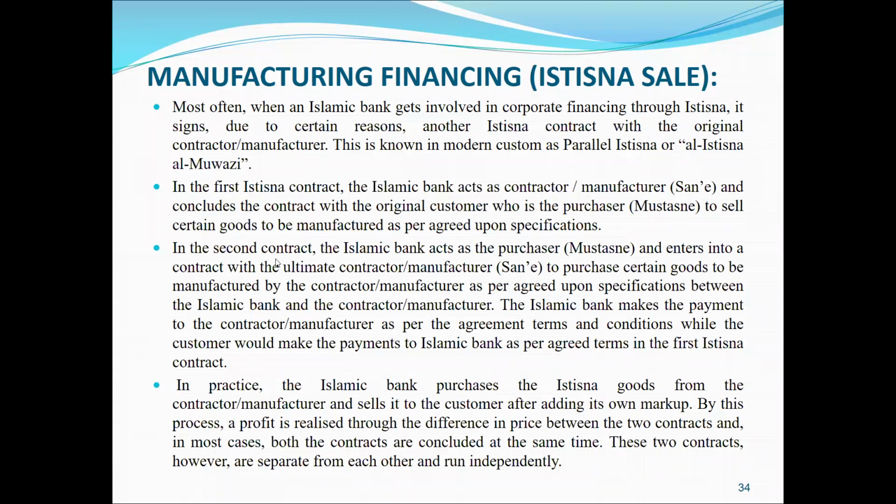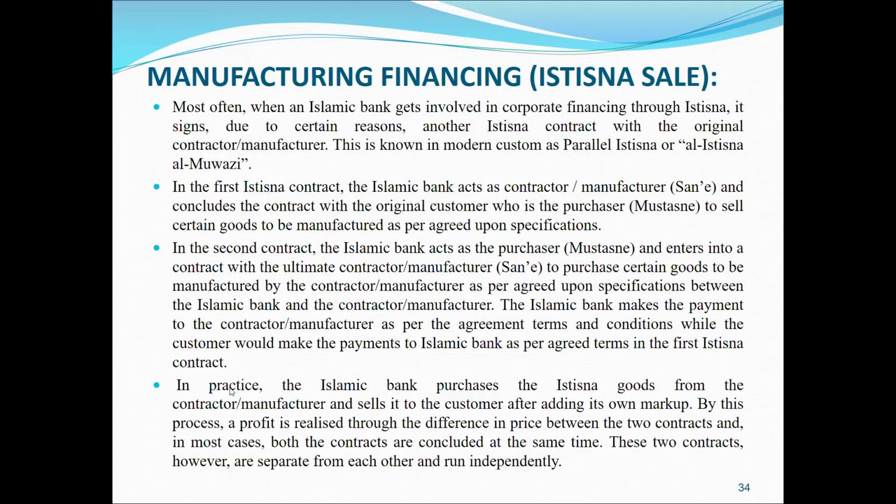In the second contract, the parallel istisna, the Islamic bank acts as a purchaser and enters into a contract with an ultimate manufacturer to purchase certain goods to be manufactured as per the agreed specification between the Islamic bank and the manufacturer. The Islamic bank makes payment to the contractor as per the agreed terms and conditions, while the customer makes the payments to the Islamic bank based on the agreed terms and conditions in the first istisna contract.